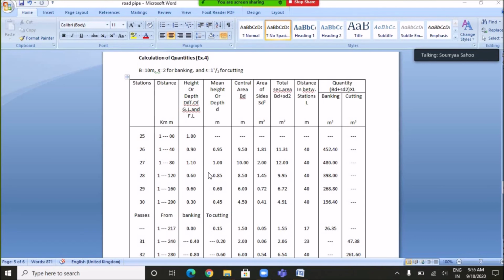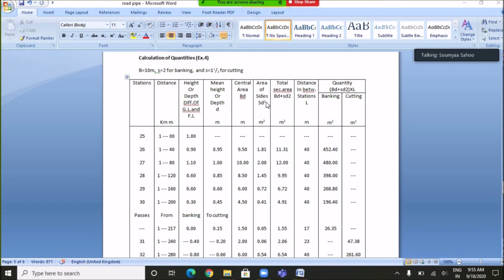And similarly, the other mean heights or depths are calculated. Then central area is calculated by multiplying the formation width, which is 10 meter, with the mean height or the mean depth. Area of sides is calculated by the formula SD square.